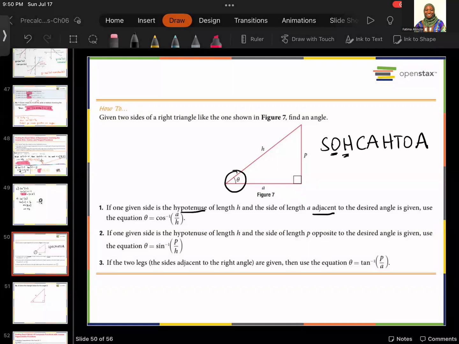Opposite over hypotenuse is for sine, adjacent over hypotenuse for cosine, opposite over adjacent for tangent. So if you're given hypotenuse and adjacent, you know to use cosine. Hypotenuse and opposite, you use sine. And if you have adjacent and opposite, you know to use tangent.